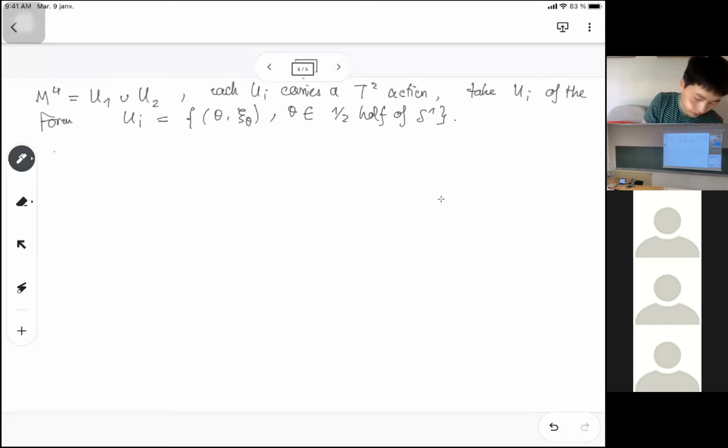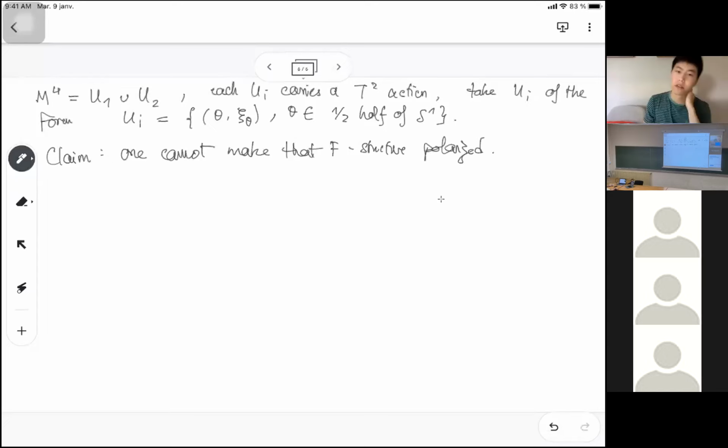And the claim is that one cannot modify this F structure, one cannot find the substructure, say, of this F structure that makes it polarized, that makes the action free. Polarized because of this non-trivial topology.